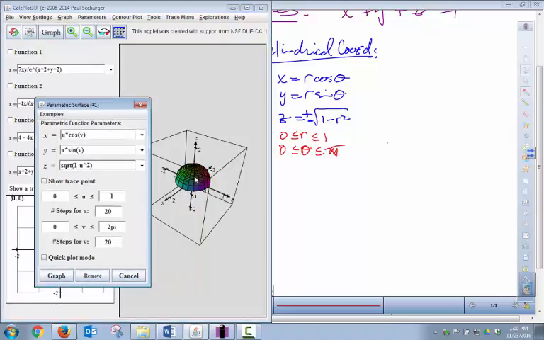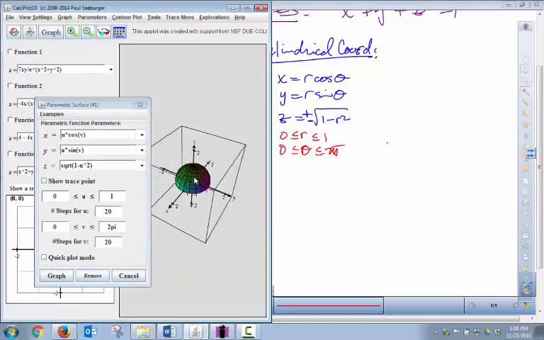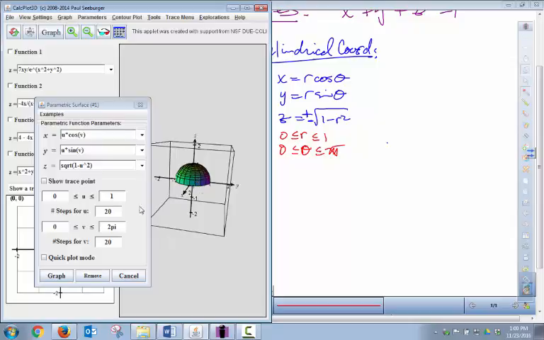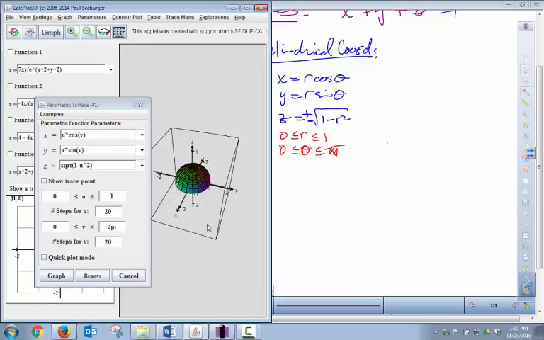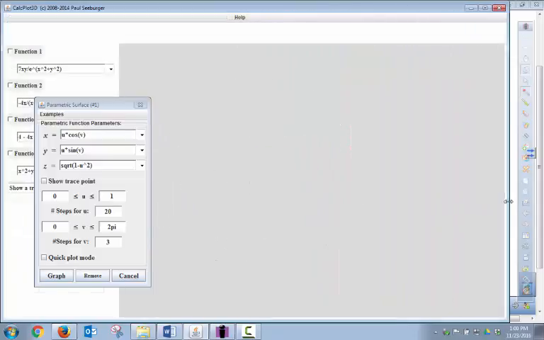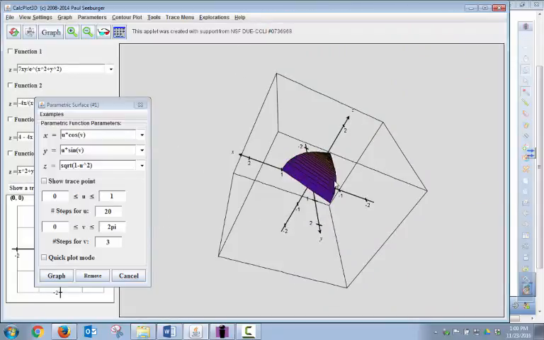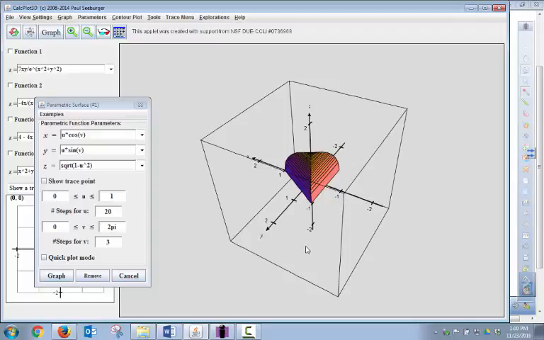So now I'm able to get rid of that little bit in the bottom. And remember, the more partitions you have, the better it's going to look. So if I have 3 partitions, this is not going to look very good at all, because I'm only taking 3 steps along my theta.